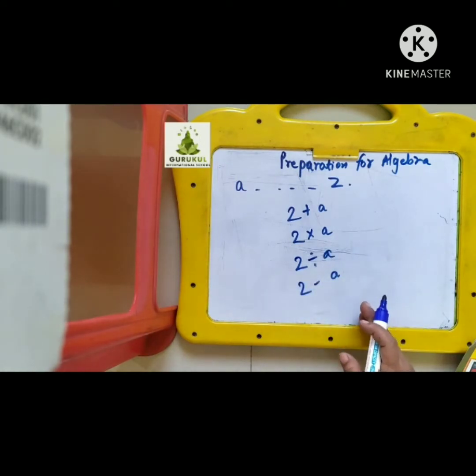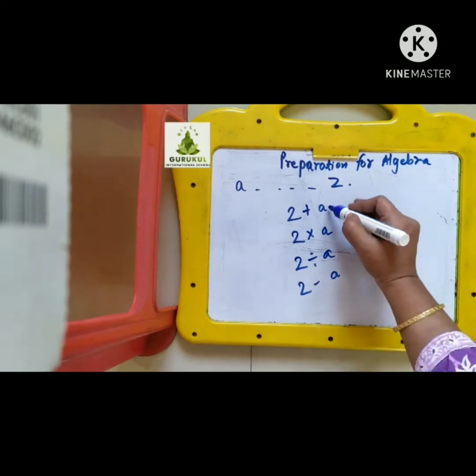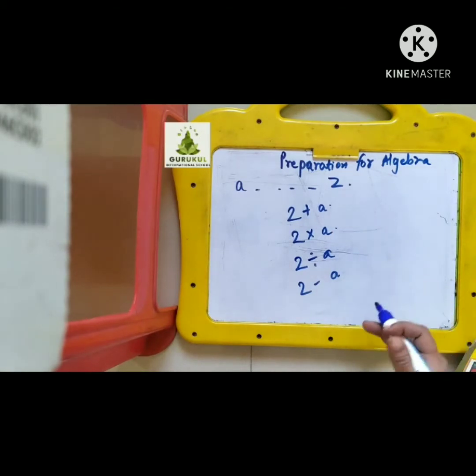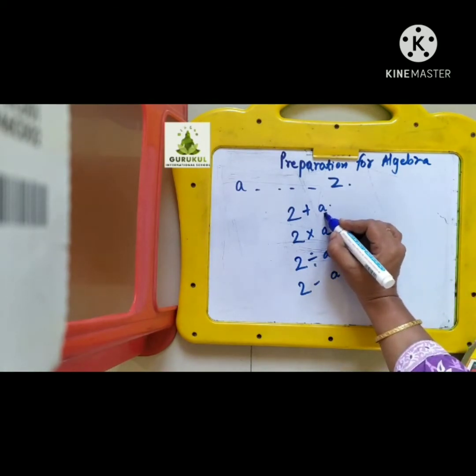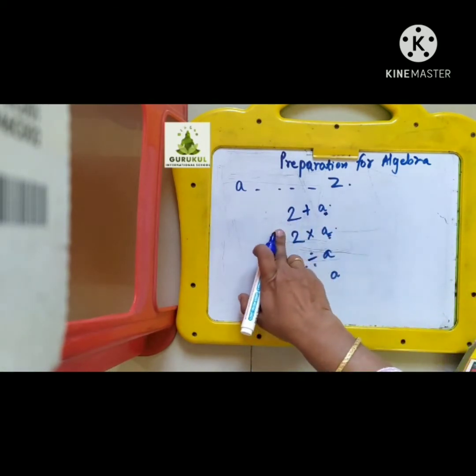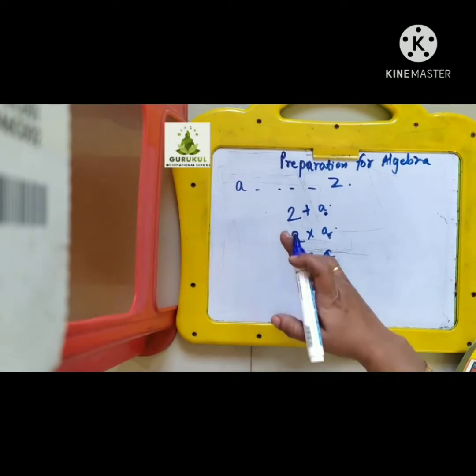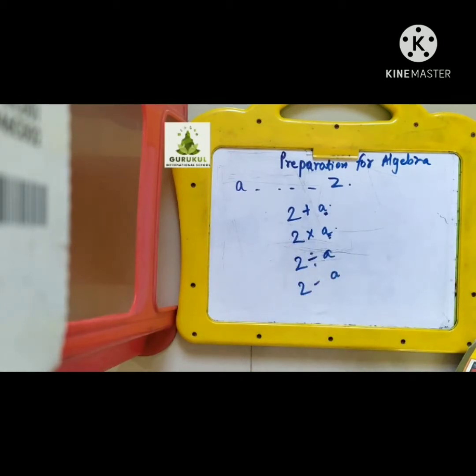In this way any alphabet can be used. I have just given an example of a over here. Any alphabet used along with some numbers to carry out some kind of operations is called algebra.